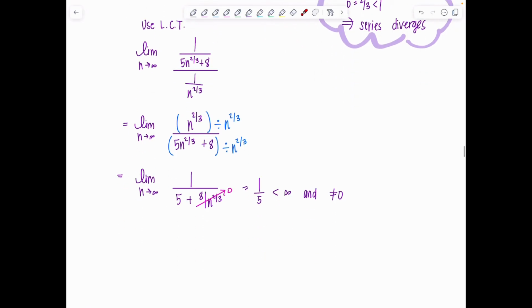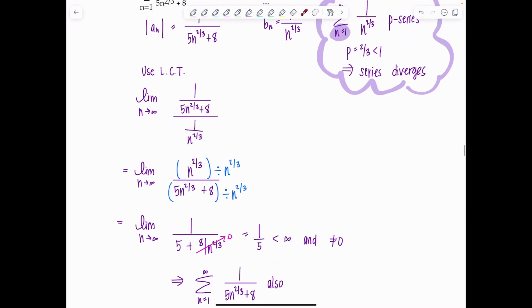So what do I know now? Well, I know that my series does the same thing as whatever I compared it to. They're matchy-matchy. So that means the sum, n equals 1 to infinity, of 1 over 5n to the 2/3 plus 8 also does what? Also diverges this time, okay?